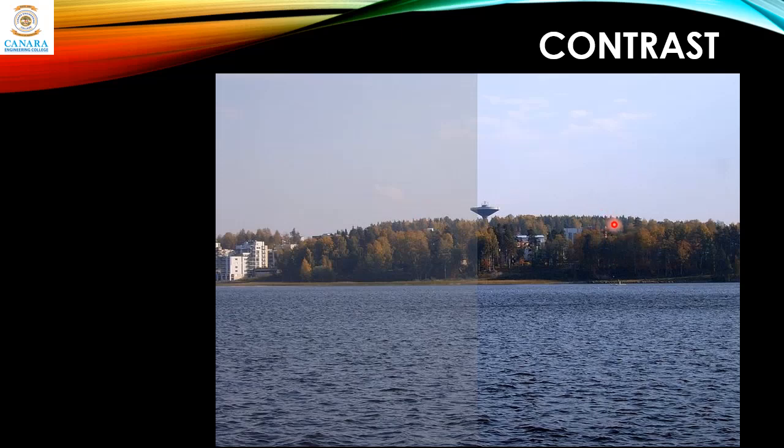The trees and the edges are clearly visible, and even inside the region, the textures or the leaves are clearly distinguishable. Here it's somewhat blurry, and even the water here is clearer on the right hand side than the left hand side. So this is the effect of contrast on an image.